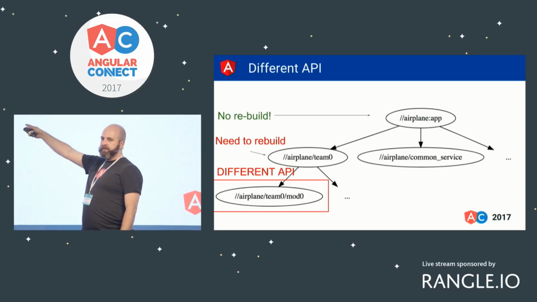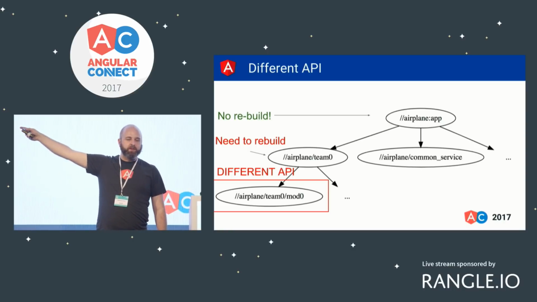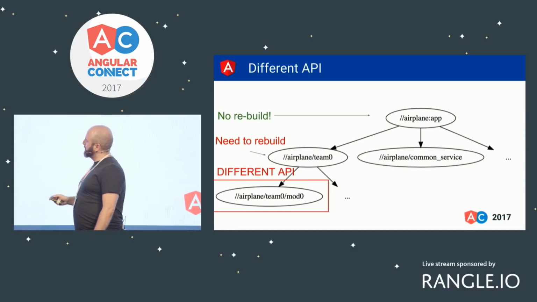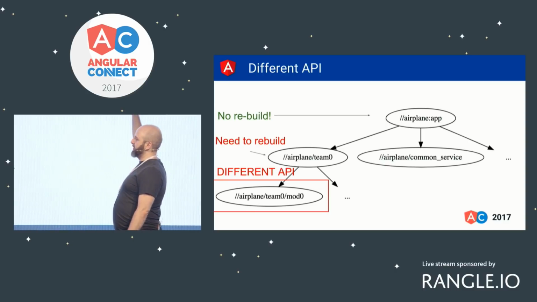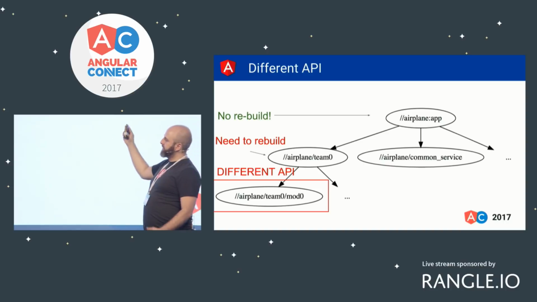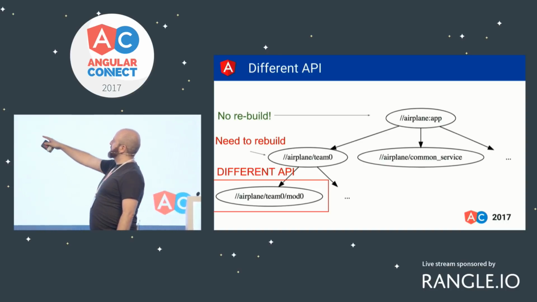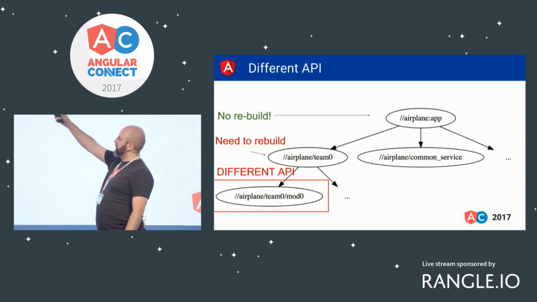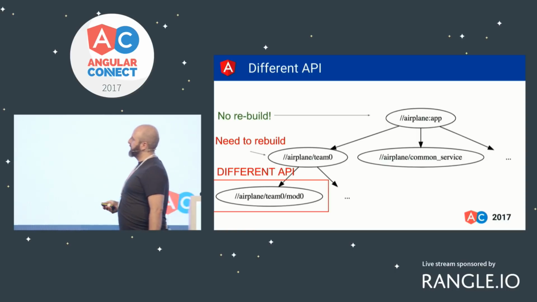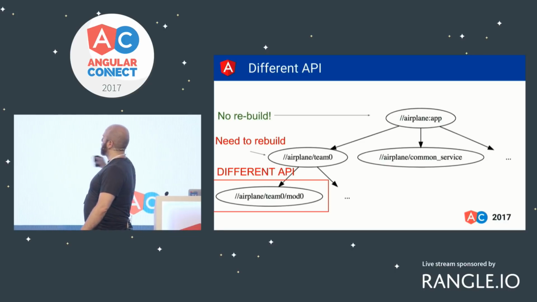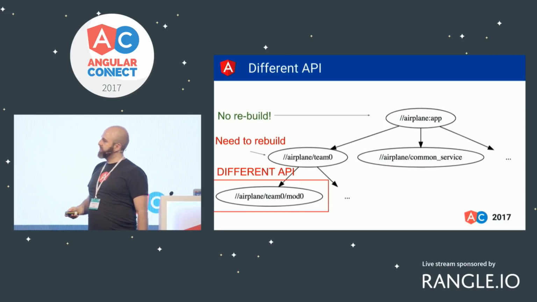Then I have to rebuild the parent, because maybe the parent uses some of the methods on this package, but I don't need to touch the parent's parent. There's another scenario, which is if team 0 re-exports the API, then we have to continue this chain, and so on. But rest assured, the rest of the build graph doesn't need to be rebuilt.